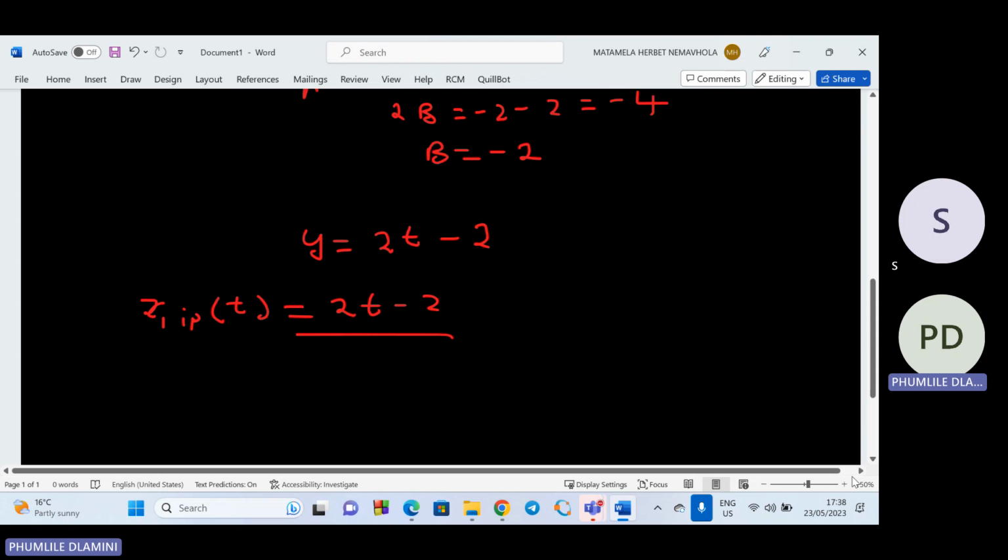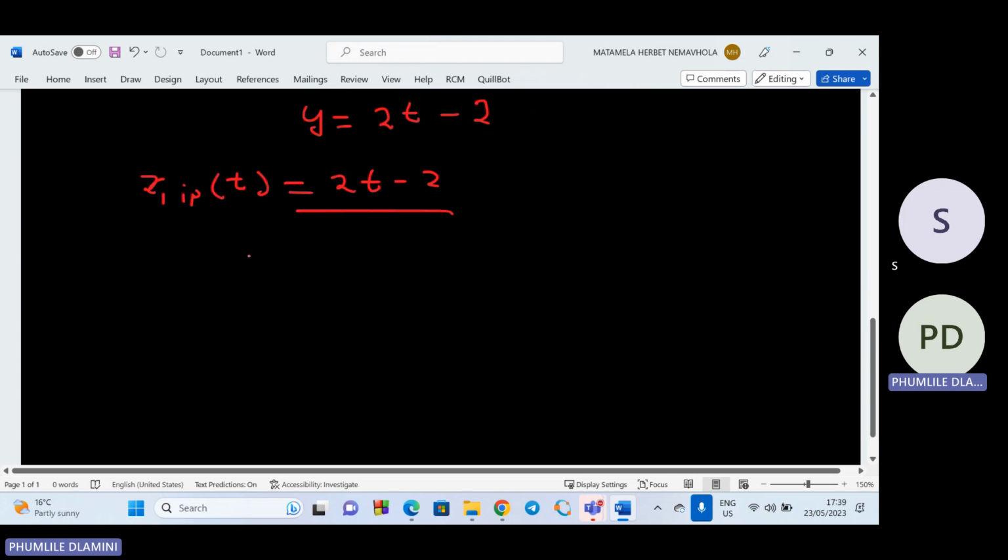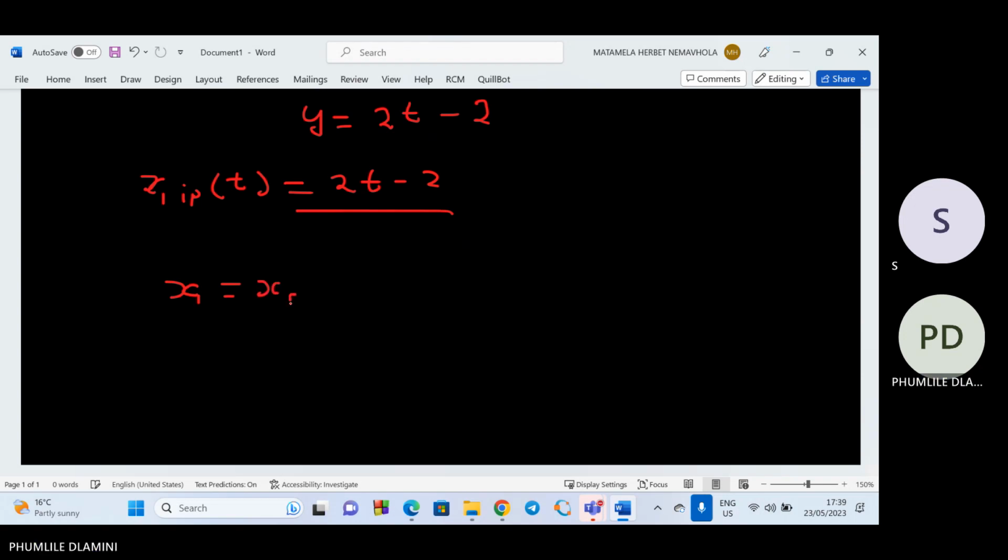When we have a particular equation, then our solution, we only manage to get the solution for x1. Our x1 equals xCF plus xIP.